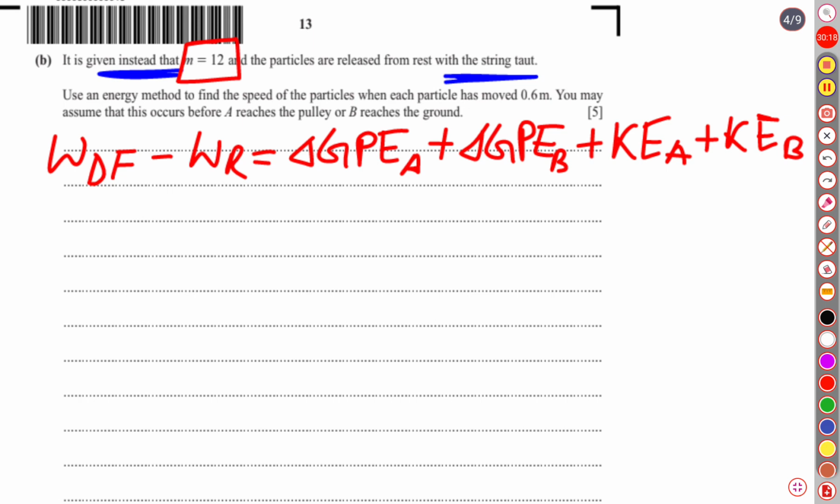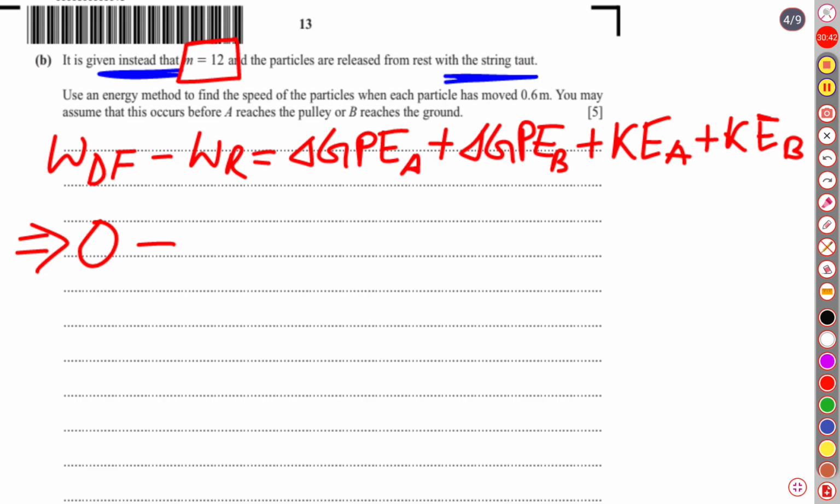So as there is no other external force, driving force is zero. Remember, if there is no external force acting on the particles, then driving force is zero, so work is also zero. Now resistance force: for particle B it was just hanging, so there is no resistance to motion.